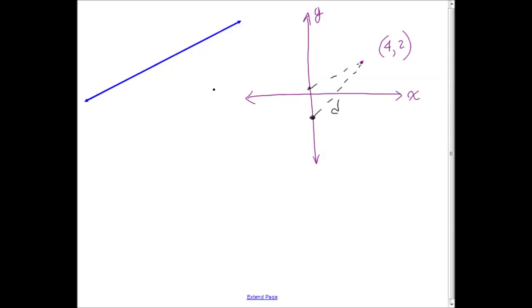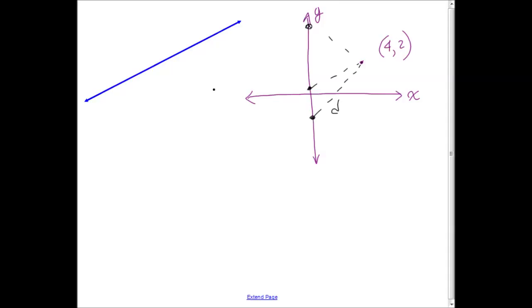Because why couldn't I just say, well, it's to here, or it's to here? There's actually, if that's the only definition that we're going to work with, an infinite number of distances between the point 4, 2 and the y-axis. So we need to refine our definition. And what we're interested in is the shortest distance between that point and the y-axis.